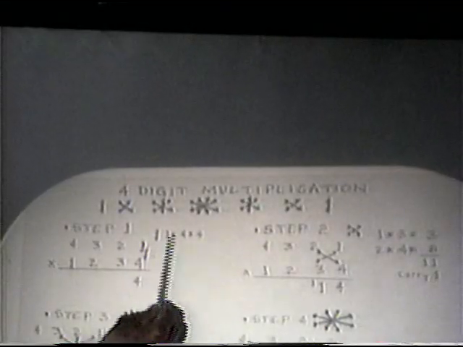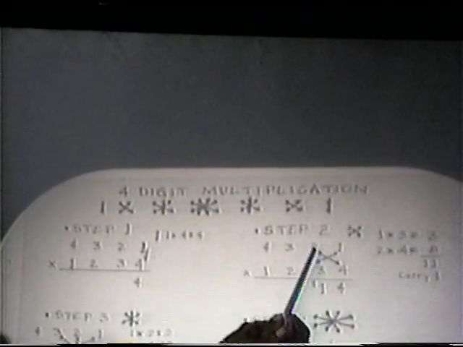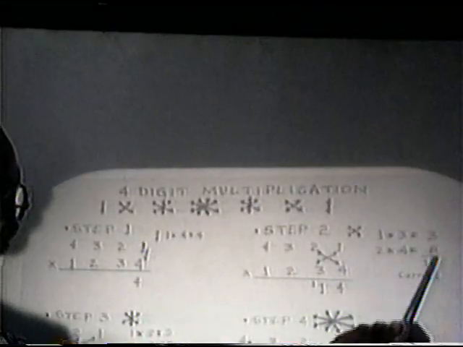Okay, our first step, vertical multiplication. 4 times 1 is 4. Second step, cross multiply. 1 times 3 is 3. 2 times 4 is 8. Add them together, you get 11, and carry the 1. We're in step 3 now.